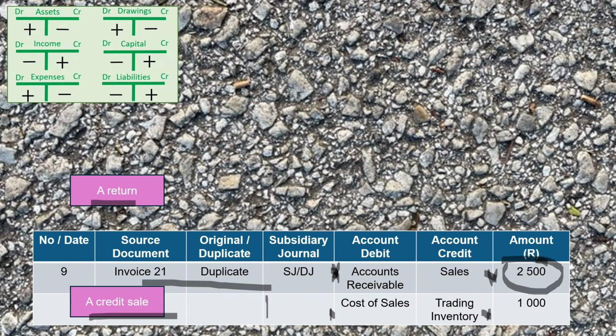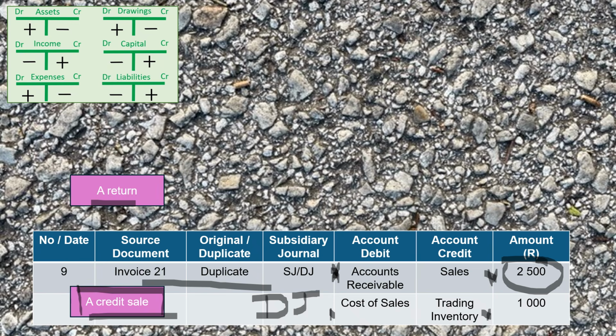This was recorded in the debtors journal, the sales journal or debtors journal. That was the original sale. Now the school got the goods that they had paid 2,500 for, and they weren't happy. So that was the credit sale.